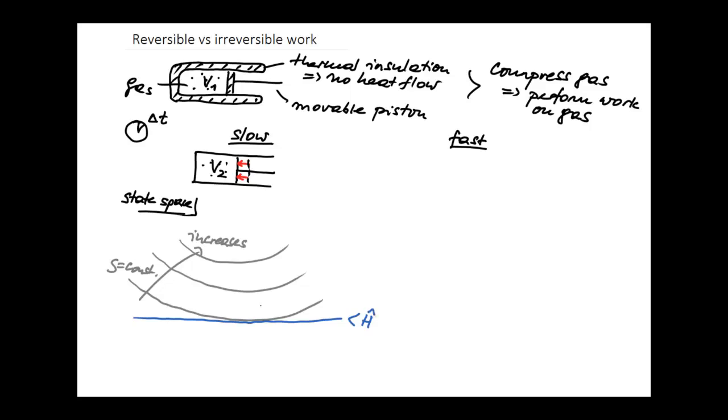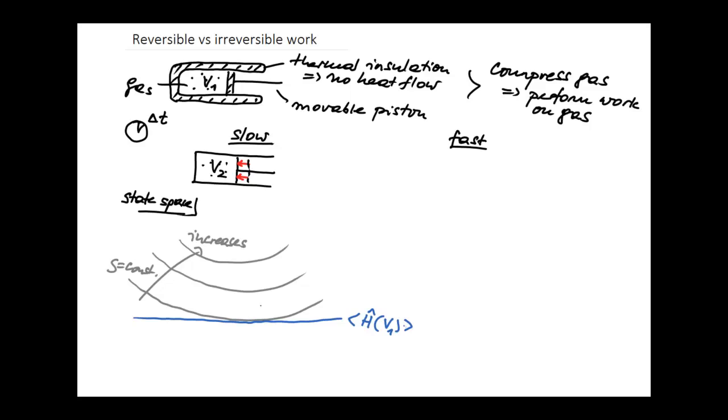The internal energy is the expectation value of the Hamiltonian. And the Hamiltonian has a dependence on a control parameter, the volume. So you can model the enclosure inside the cylinder as the enclosure inside a potential with infinitely steep walls, where the walls of the cylinder are. So the Hamiltonian contains a potential well, and the shape of the potential well is parameterized by the volume, and initially we have the volume V1.